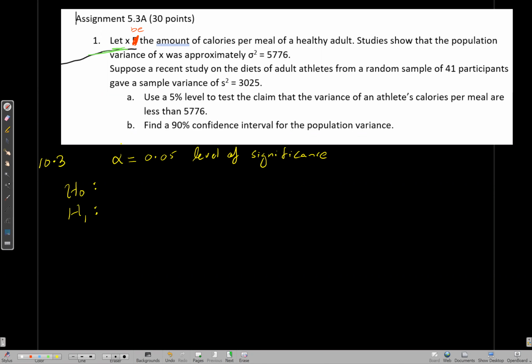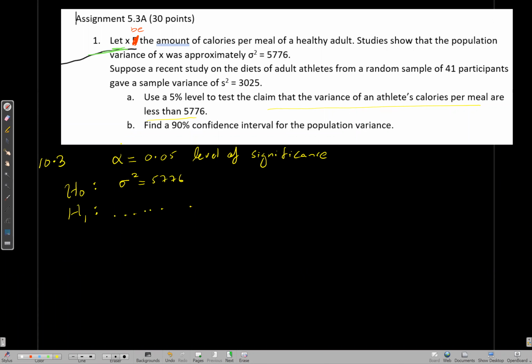So please set that up first. And then what you need to actually see, in this case, sigma squared is going to be 5776. That's going to be the null hypothesis, right? See, I helped you. Now this one is going to be, read this sentence, then you'll understand greater than or less than that statement. Now we are going to test this claim.